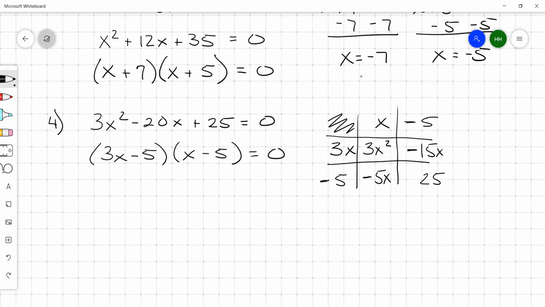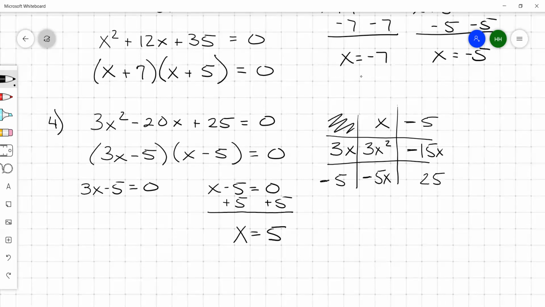Again, you're going to set both factors equal to 0. So 3x minus 5 equal to 0, and x minus 5 equal to 0. If you add 5 to each side of this equation, you're going to get an x equal to 5. And then this equation on the left is 2 steps.